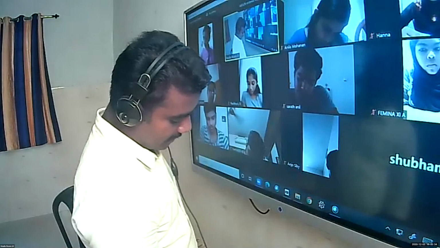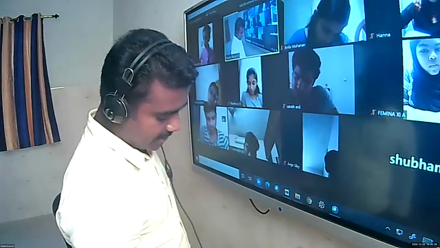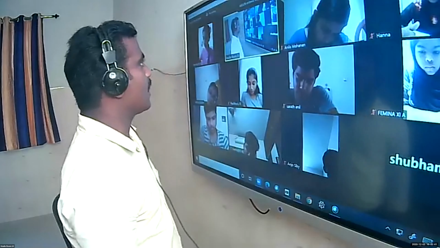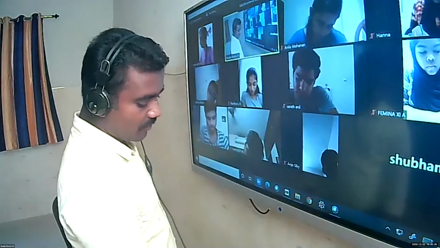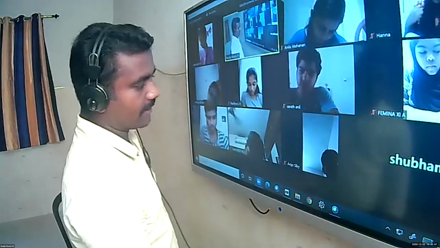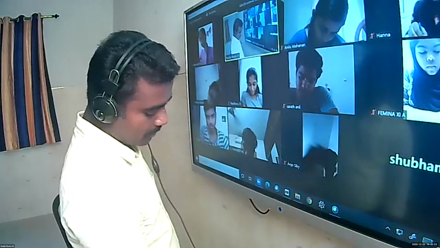Scooter, balance sheet asset. Then remaining, bank overdraft, capital. Adjustment: you look at unexpired insurance, that is prepaid insurance. Second one, salary due but not paid, that is outstanding salary.